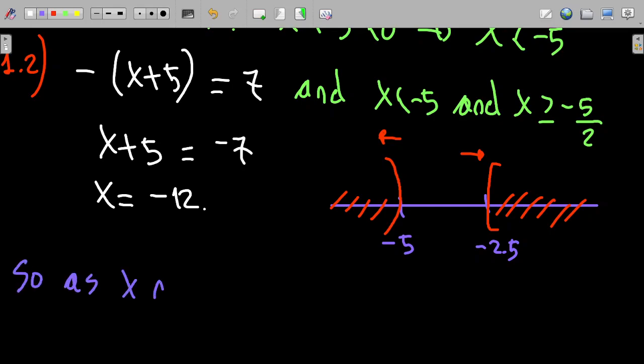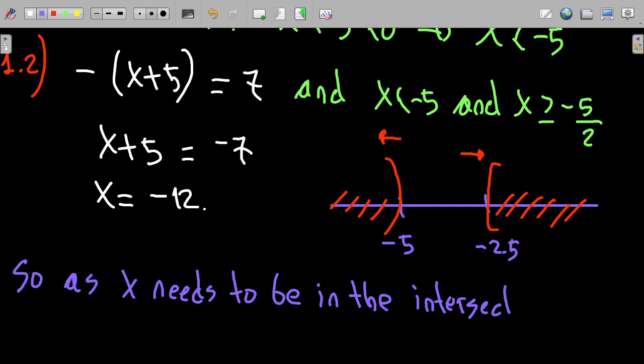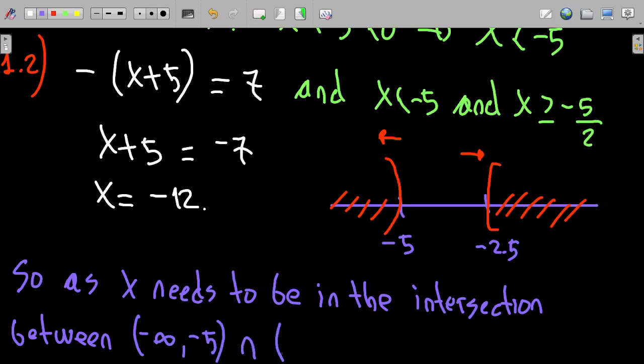So x needs to be in the intersection between minus infinity and negative 5, and the interval from negative 2.5 to infinity, and this is the empty set.